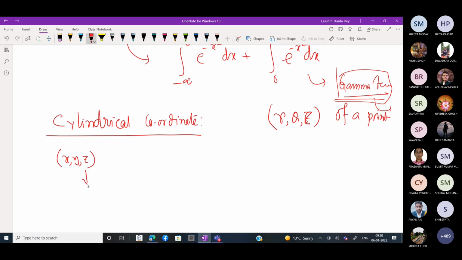It has been defined by x equal to r cos theta, y equal to r sin theta, and z equal to z, right?